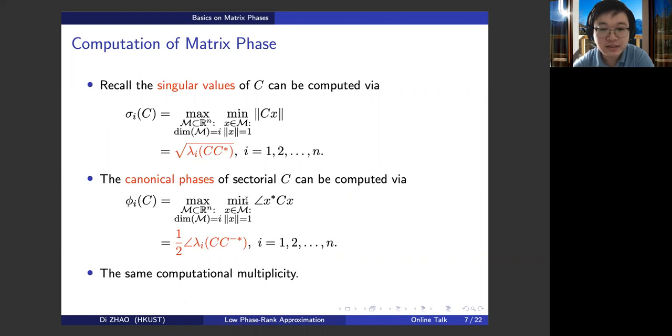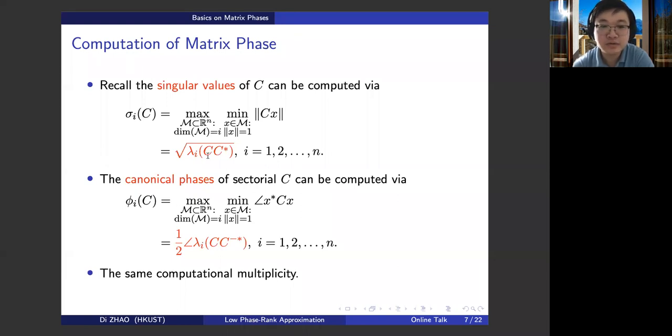And luckily, very nicely, we also have this kind of computation for the phase. We can do the max-min for the phase, just replacing the objective function from the gain to the angle. We take the angle of this projective form, do the max-min, and we get the phase.